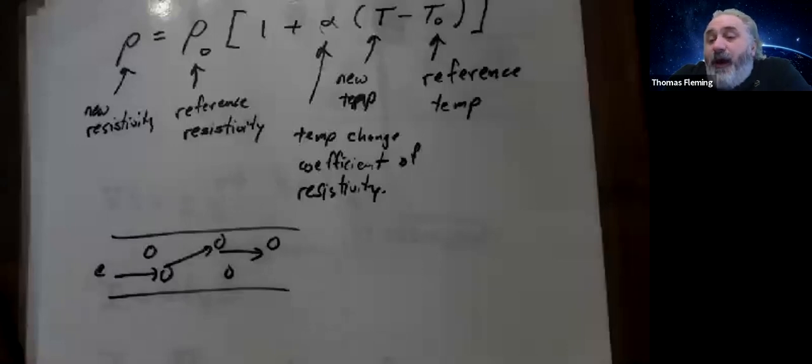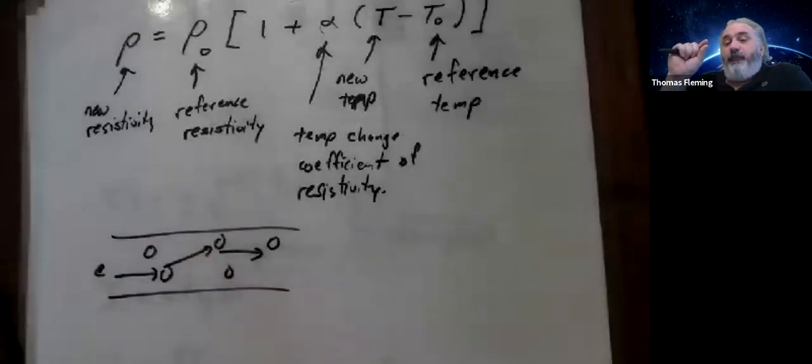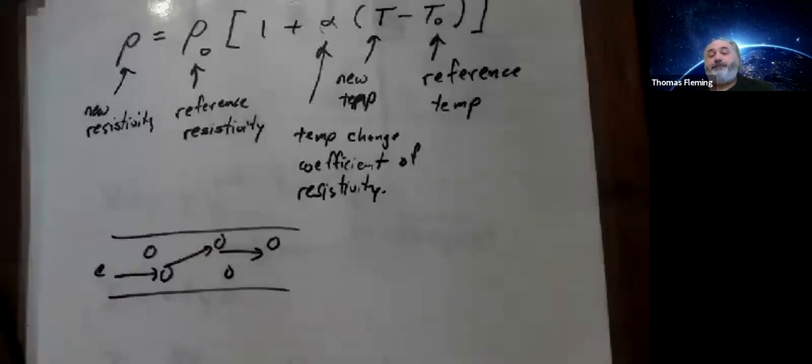One method that I've used many times to measure temperatures is to take a small piece of material that has a known resistivity and then measure the resistance across it. And as you heat it up or cool it down, the resistance might change.